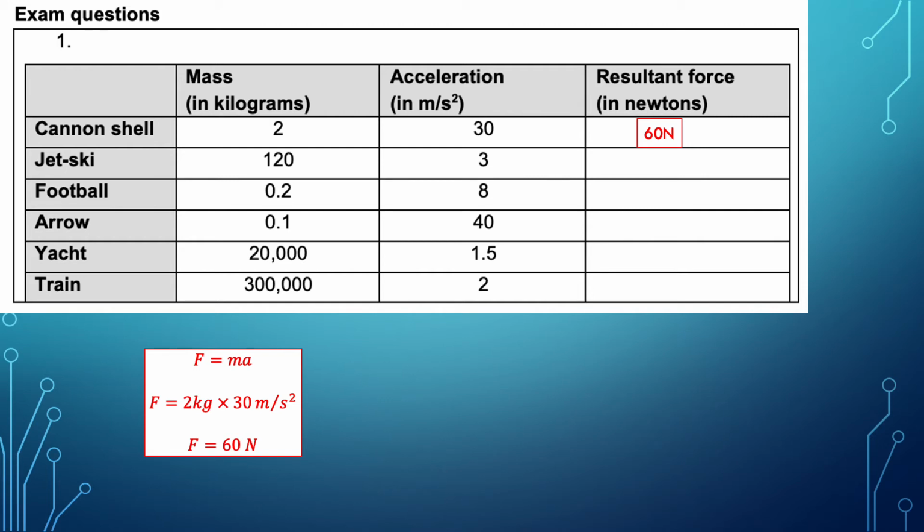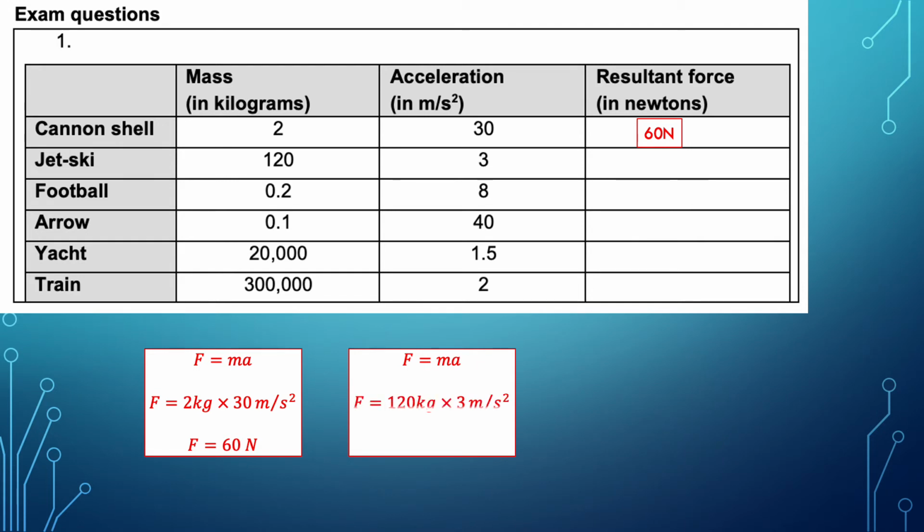So a jet ski weighs a lot, 120 kilograms, and it only accelerates at 3 meters per second squared. Same thing, you want to use F equals m times a, and then substitute the numbers. Mass for this one was 120, acceleration was 3, and you multiply those two together. 3 times 120 is 360.